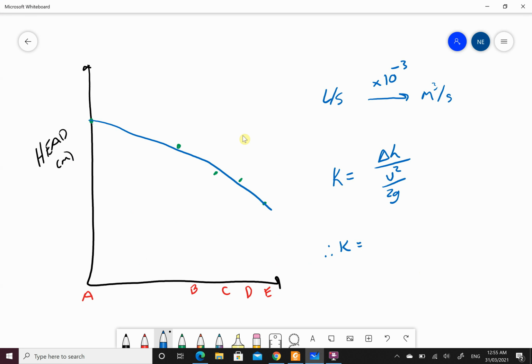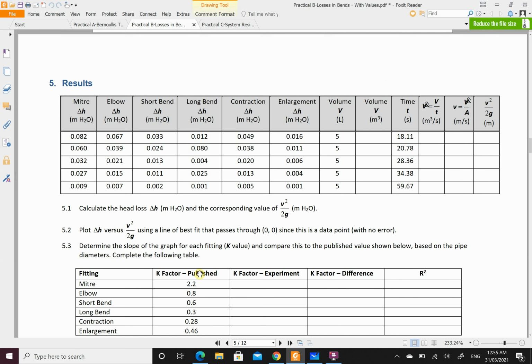So k equals 0.082 all over v squared on 2g, equals whatever it is. This number here divided by this one gives me this, and so on and so forth.